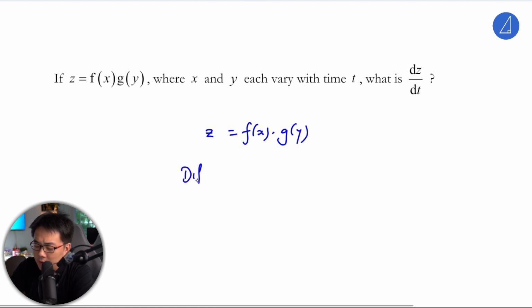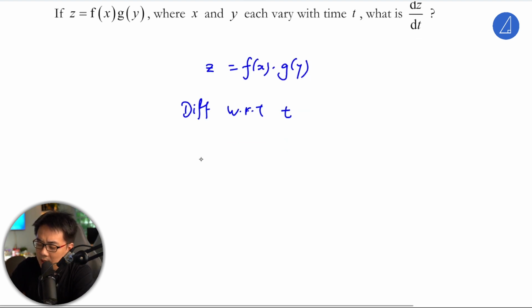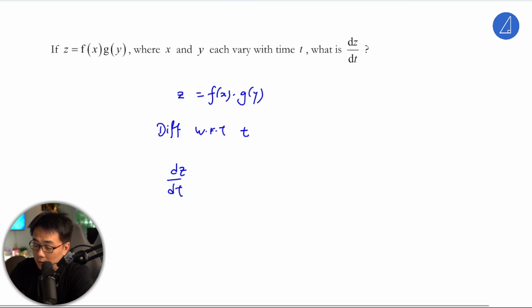Now we differentiate with respect to t. What happens is dz/dt. This is your u and this is your v. So in this case, this will be your u and this is your v. So u dv/dx.